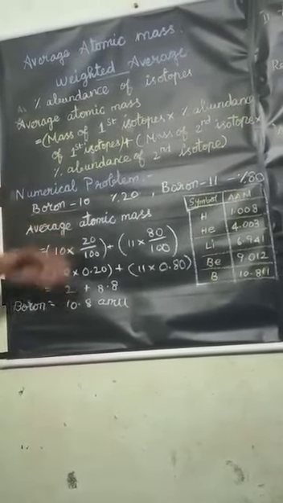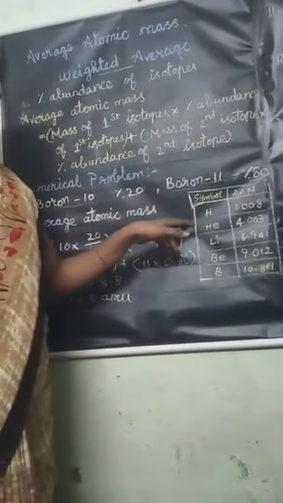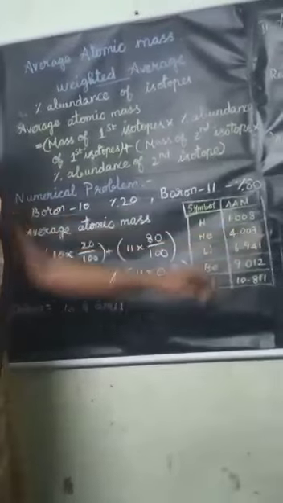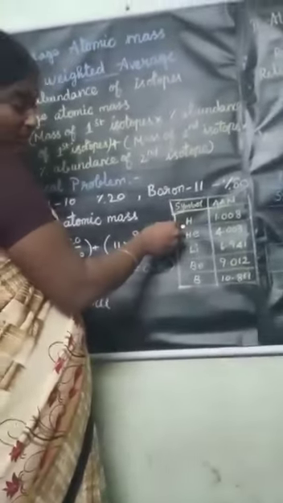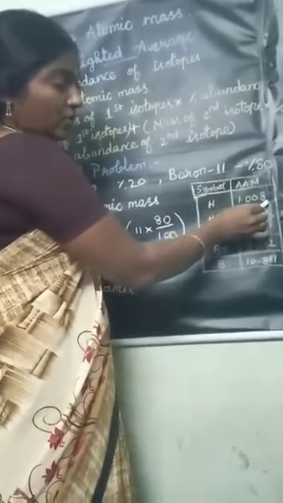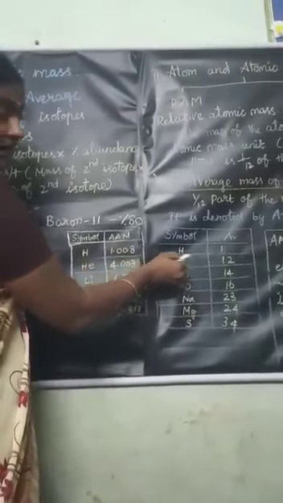There are a lot of sums in your book, and you just go through them, right? And here some tables are given, the elements and their average atomic mass. First one is hydrogen, H. What is its average atomic mass? 1.008. Okay, already we saw one more table, relative atomic mass. What is the relative atomic mass of hydrogen? It is 1.